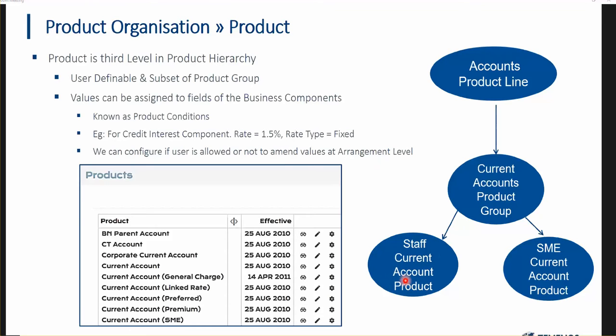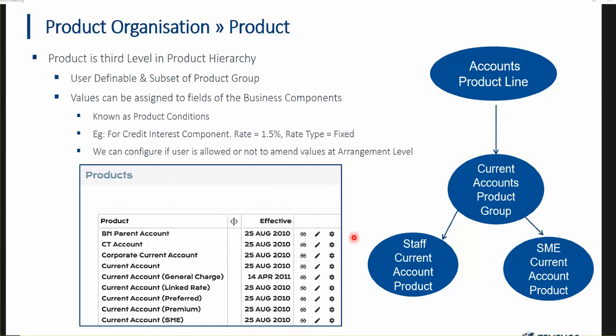So inside my product, I have to mention what my rate is, let's say for a staff loan. What is my rate type? Is it fixed or floating interest rate? This assigning of values to the fields, we call it putting product conditions into the product.